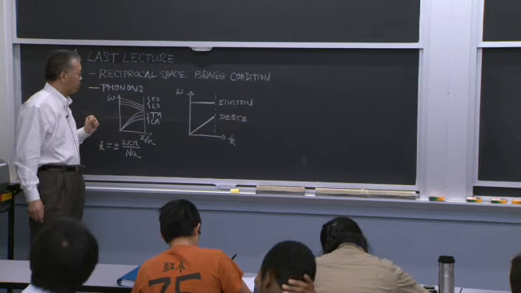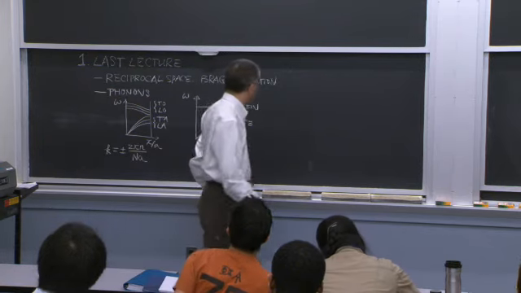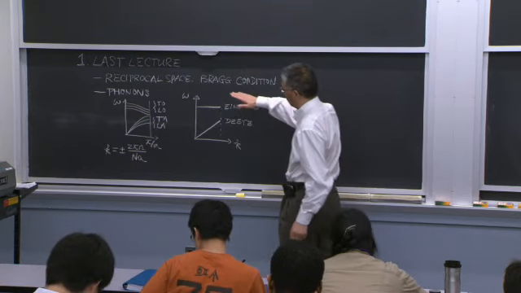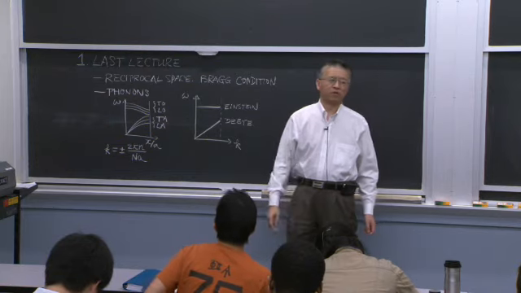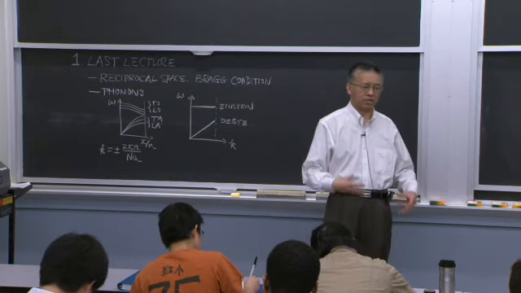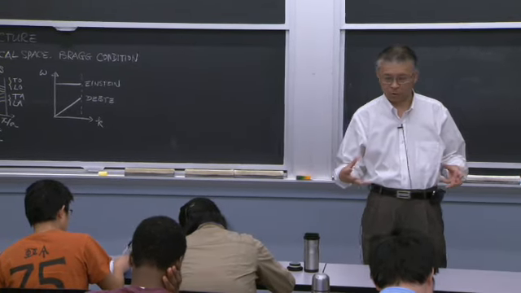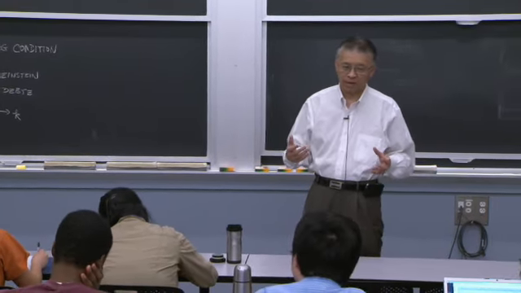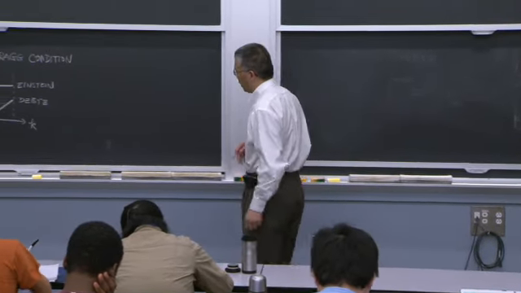So coming back to last lecture, what we talked about is reciprocal space. It's a continuation, and we proved the Bragg condition. When you do transmission electron microscopy or X-ray, the Bragg condition is the one you use when you look at diffraction patterns.